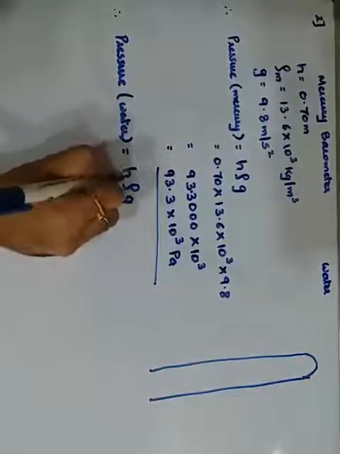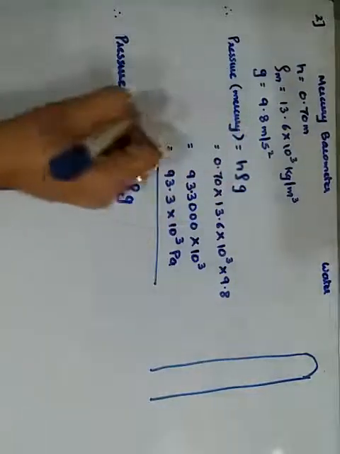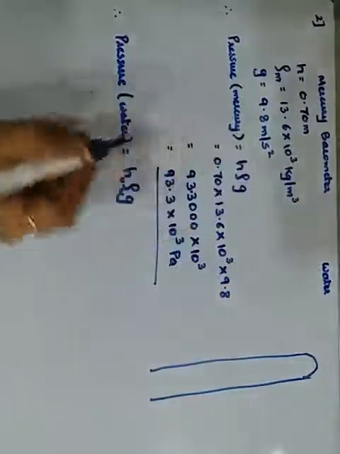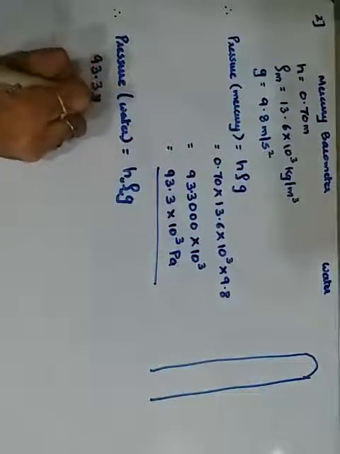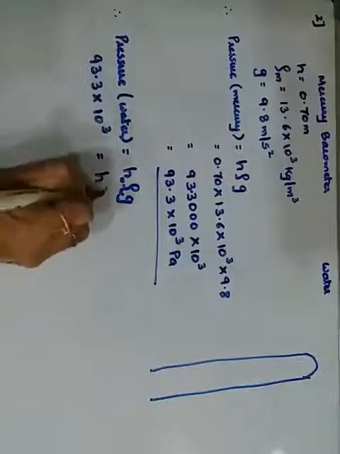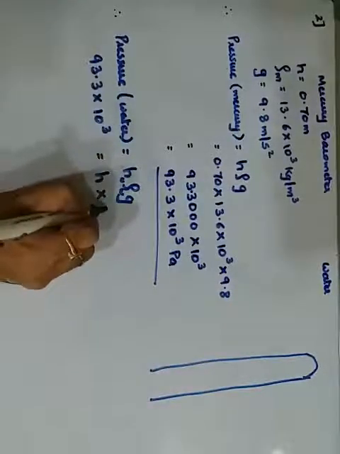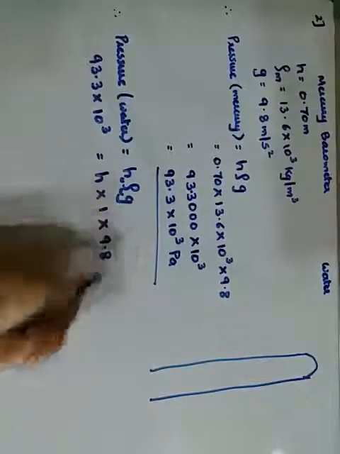The tube is the same, so the pressure will remain the same, 93.3 into 10 raised to 3. Height we are supposed to find, into density of water, which is always 1, into g, which is 9.8.